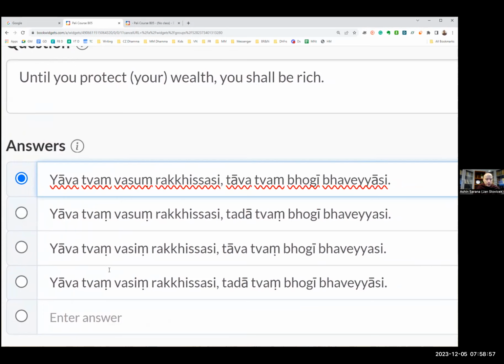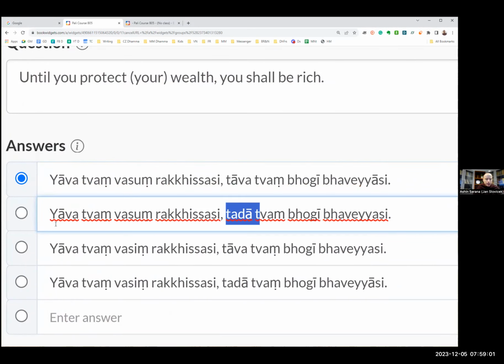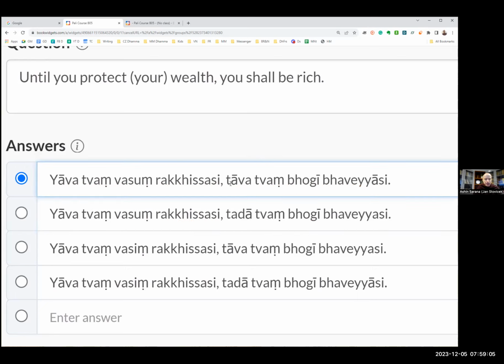So why not tada? Because that's when. Yava and tada do not come together, whereas yava and tava do come together. Then what else? Vasing or vasung? Because it is vasu, you need to just add nga. It cannot be vasing because the root is vasu.